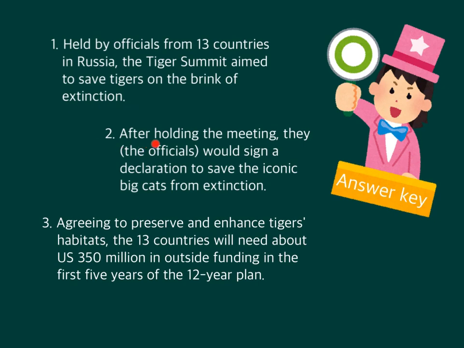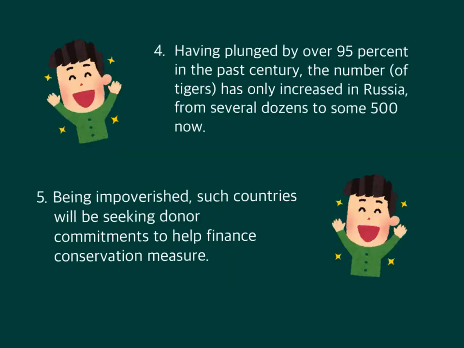2. After holding the meeting, they, the officials, would sign a declaration to save the iconic big cats from extinction. 3. Agreeing to preserve and enhance tigers' habitats, the 13 countries will need about $350 million in outside funding in the first 5 years of the 12-year plan. 4.